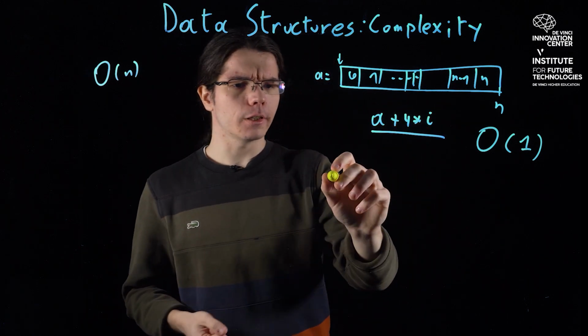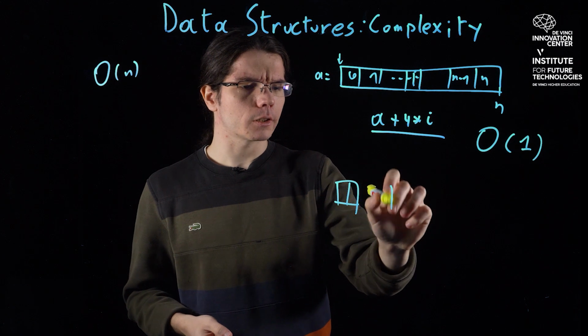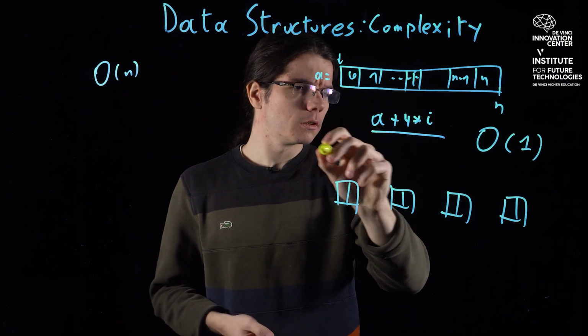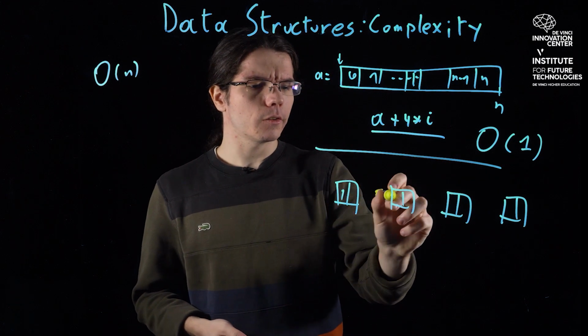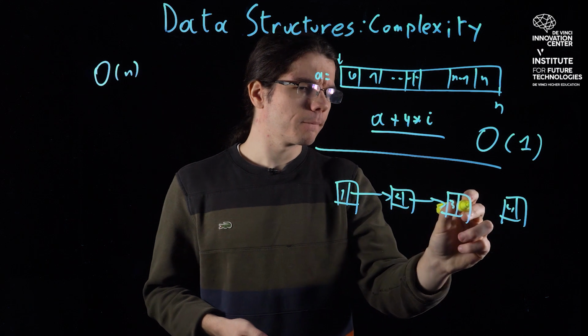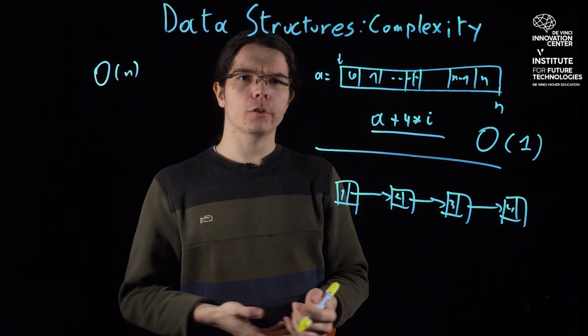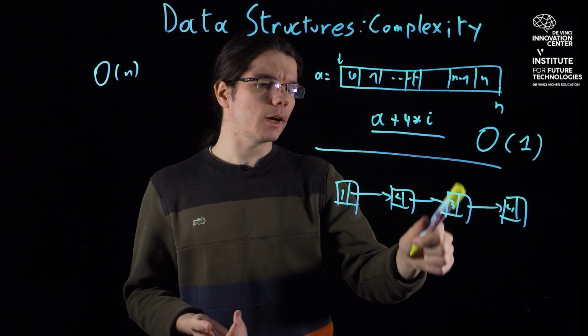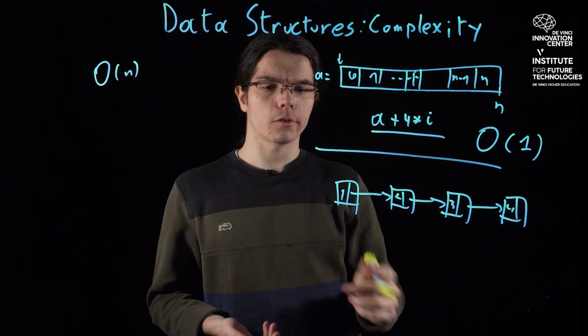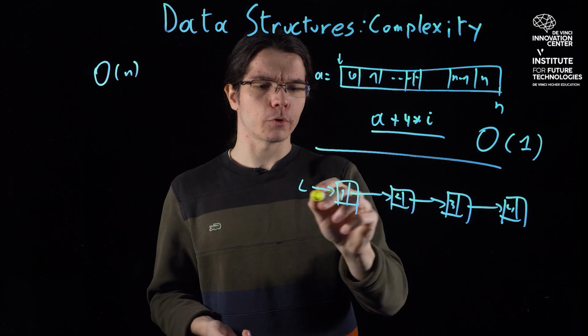Now let's take a linked list, for example. I have a linked list. Inside this linked list I have 1, 2, 3, 4, and I go from one to the other. How long is it going to take, for example, to go to the index number 3 of the linked list? Let's say L, which points here.